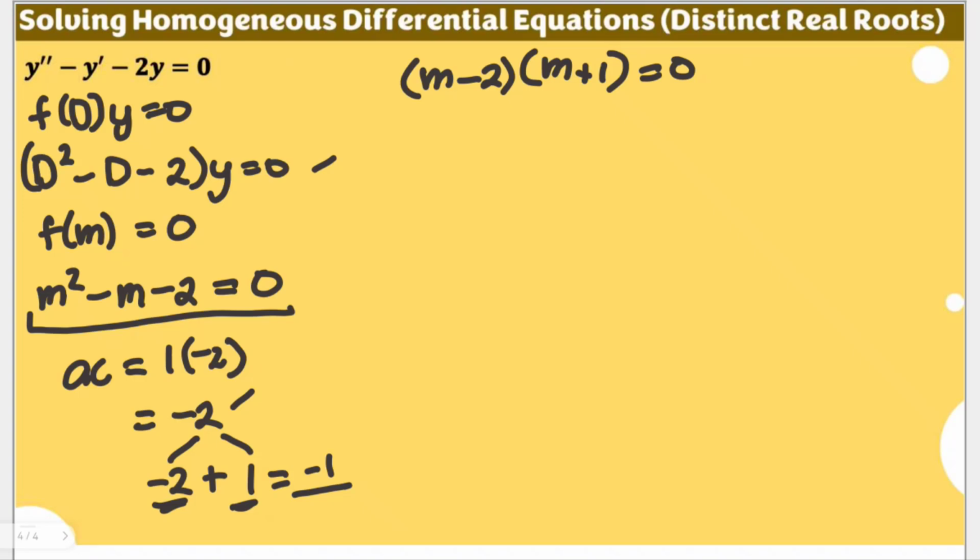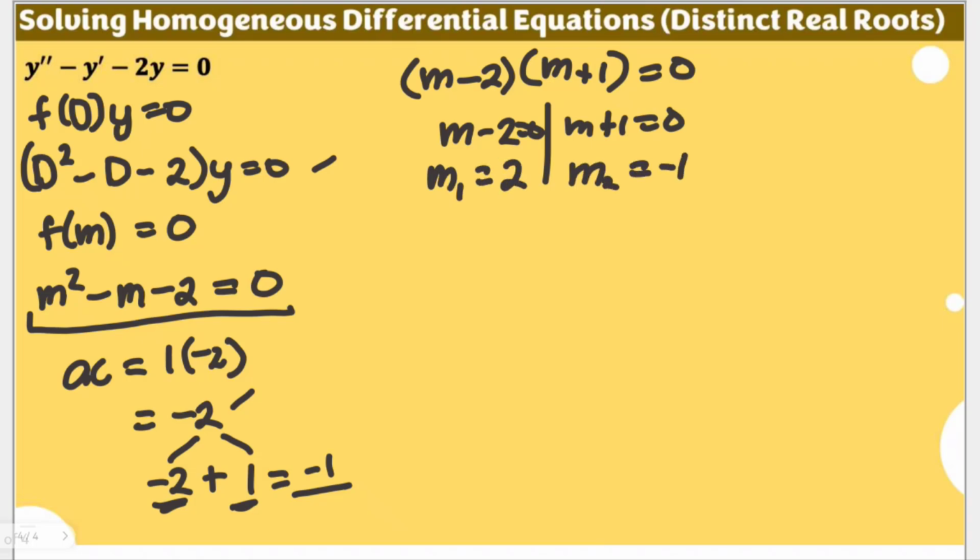Think of any real number value that, when substituted for m here, will result in 0. As we use the zero factor property, you have m minus 2 equal to 0 and m plus 1 equal to 0. So the first root is positive 2 and the second root is negative 1.